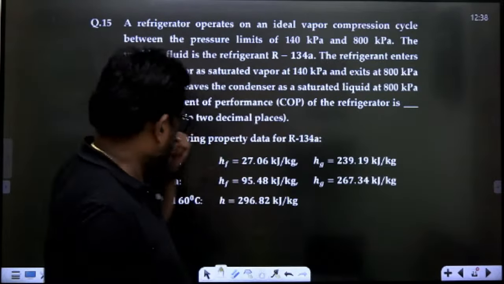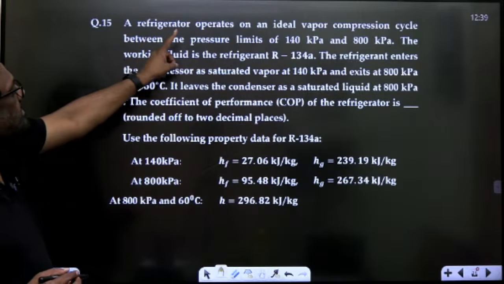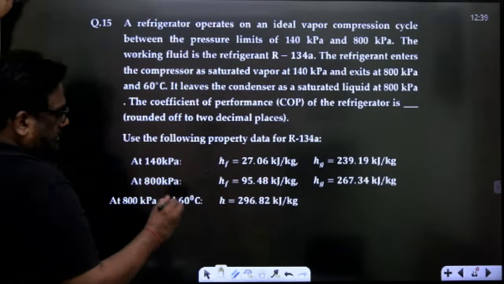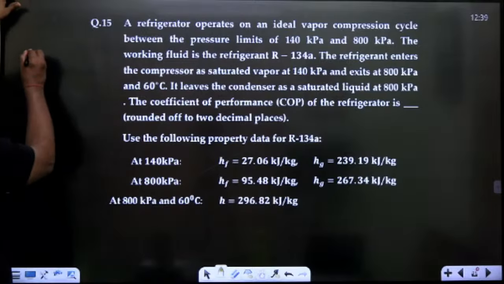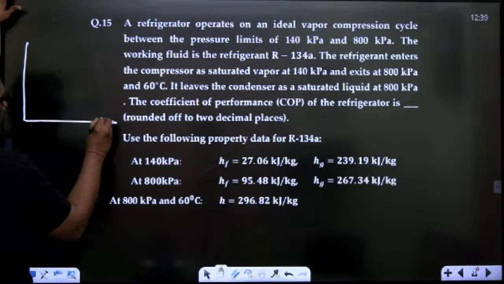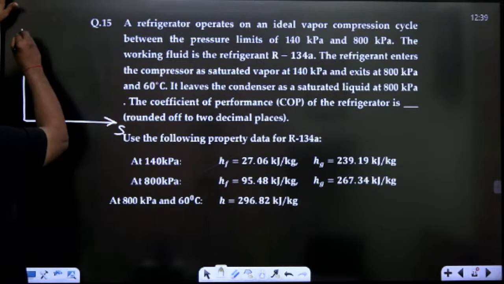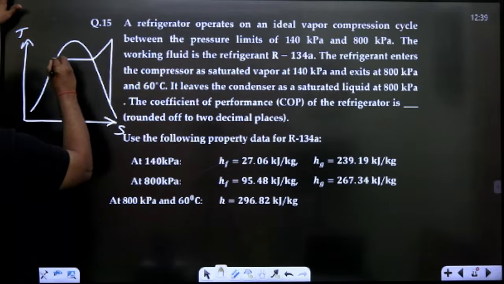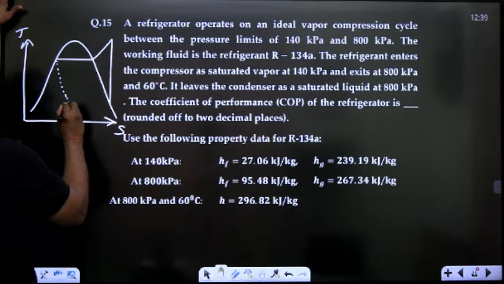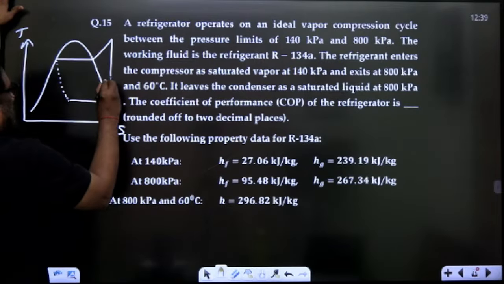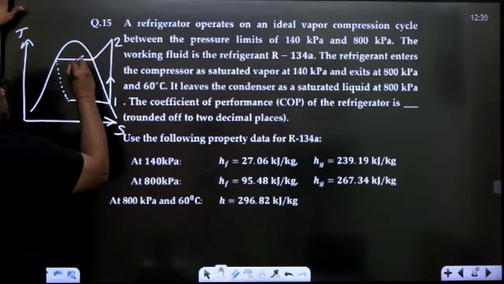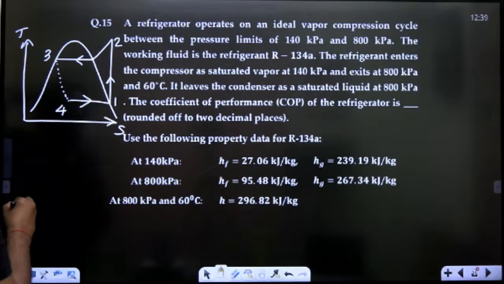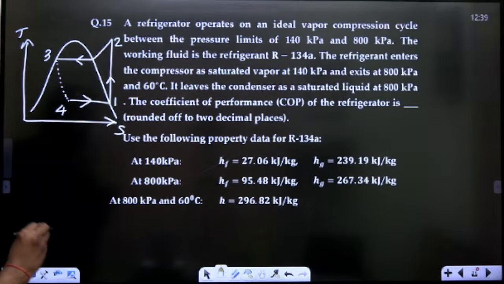So let's take this question. A refrigerator operates on an ideal VC cycle between pressure limits of 140 and 800.